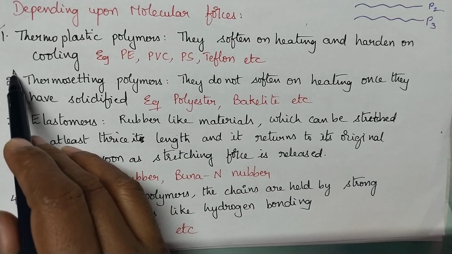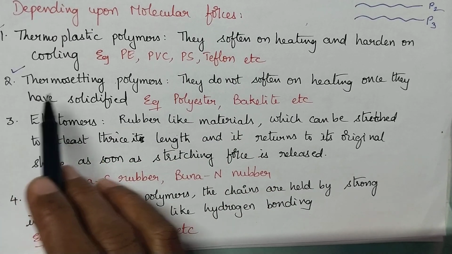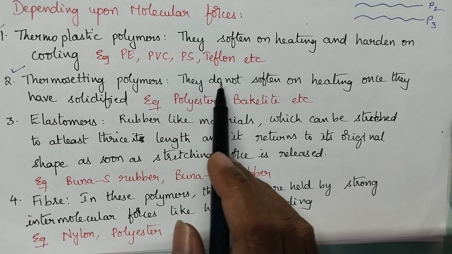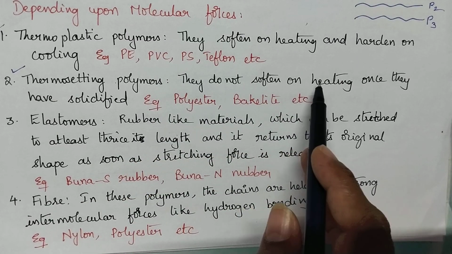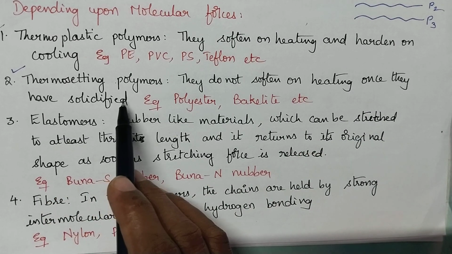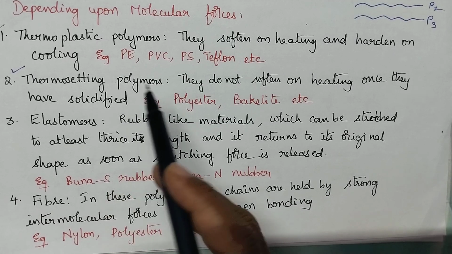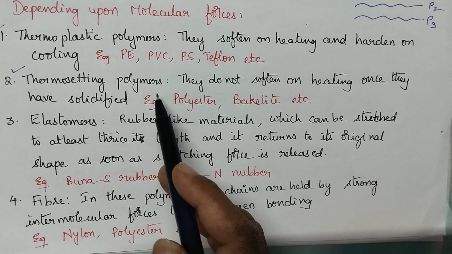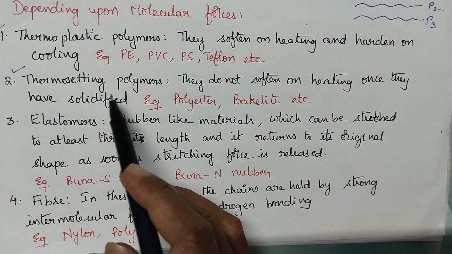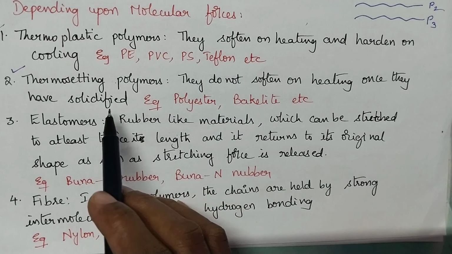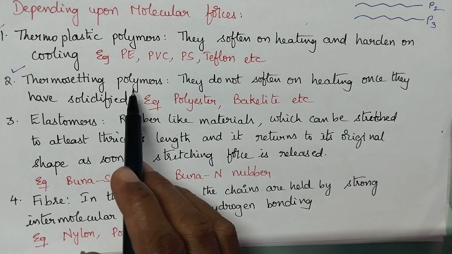Coming to the second category, it includes thermosetting polymers. Thermosetting polymers do not soften on heating once they have solidified into a hard mass. So after preparing an article, it is not possible to soften the thermosetting polymer by applying heat. Is it clear about the thermosetting polymers?